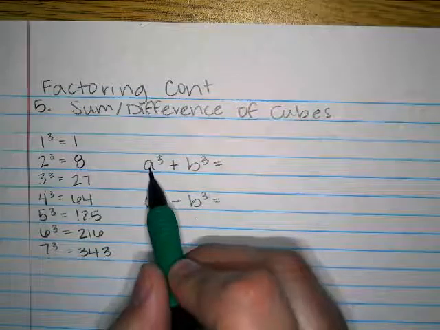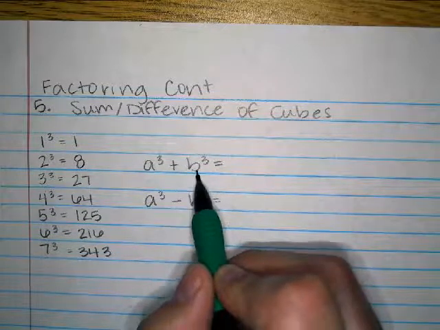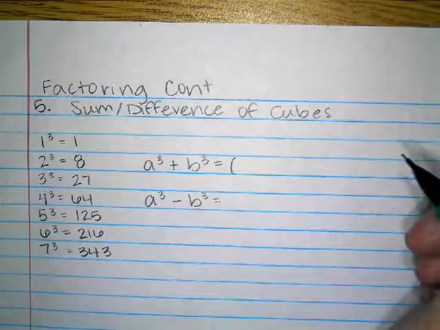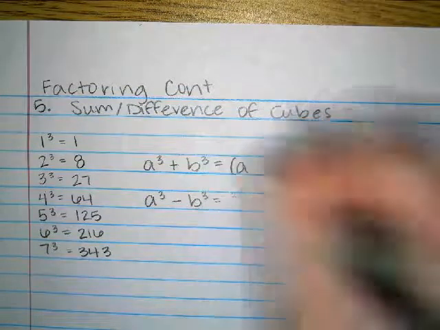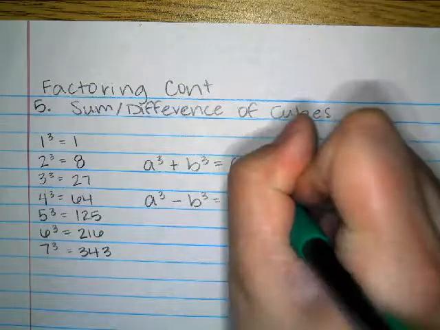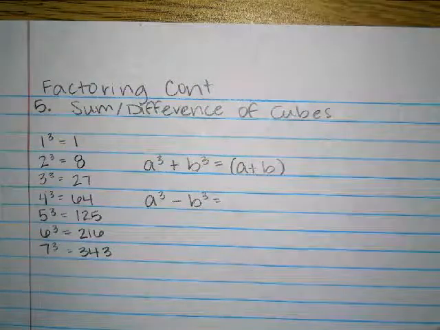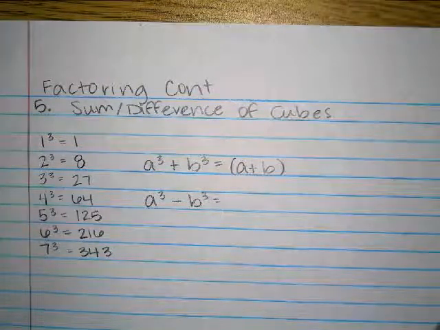If you have 1 perfect cube plus another perfect cube, then the first factor is the number that was being cubed plus the other number that was being cubed. That's the first factor.